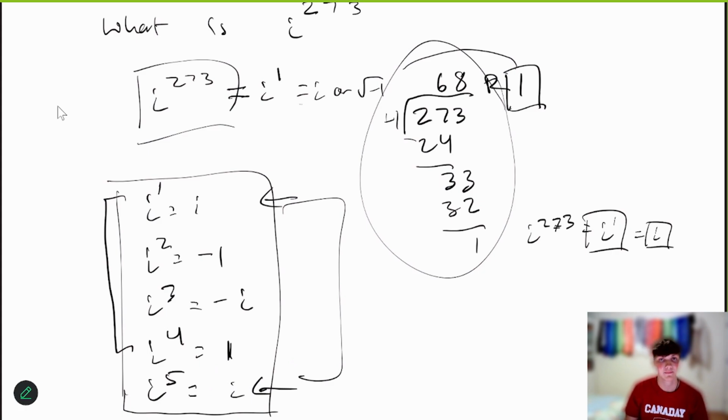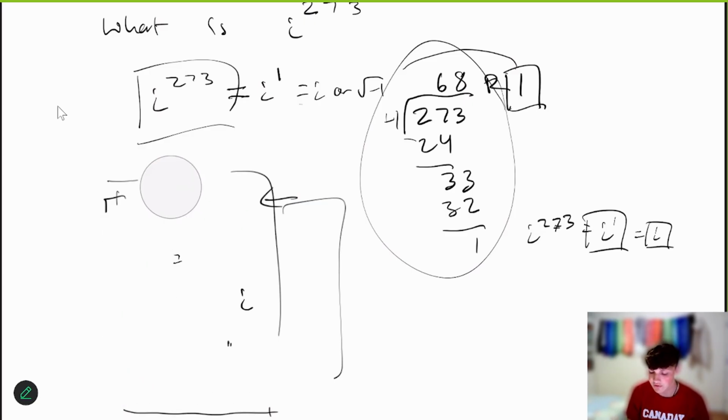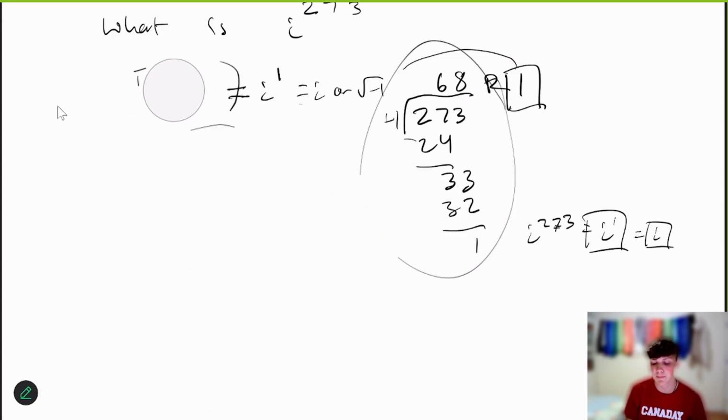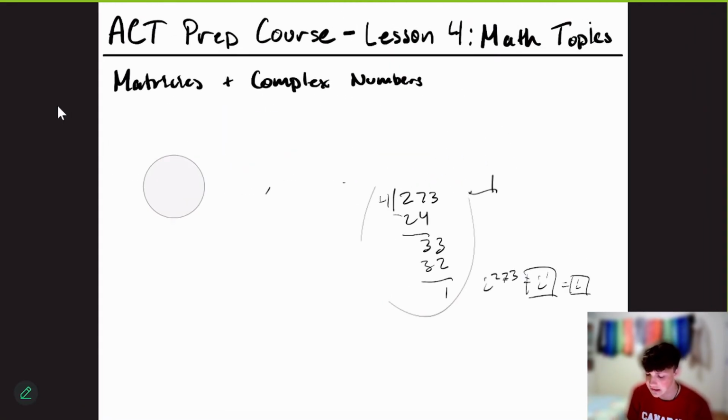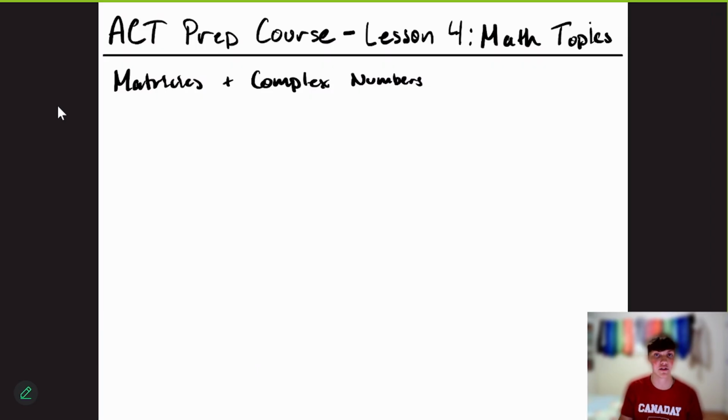This same kind of progression shows up all the time, and you should recognize it if you can find a pattern in the powers. You take this long division and its remainder gives you the location in that pattern.